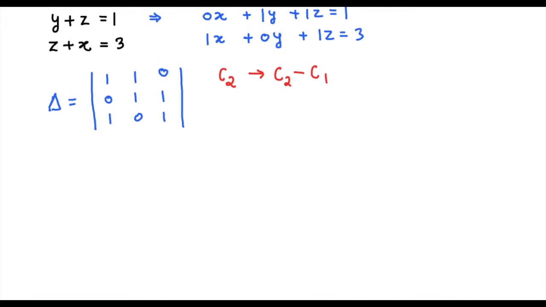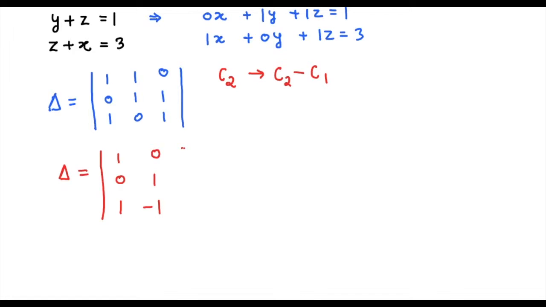So after this, what is the form? 101, and column 2 minus column 1, that means 1 minus 1 is 0, 1 minus 0 is 1, and 0 minus 1 is minus 1. Got it?